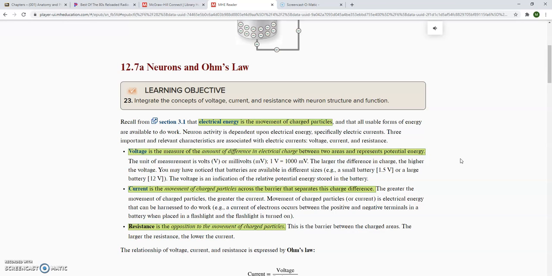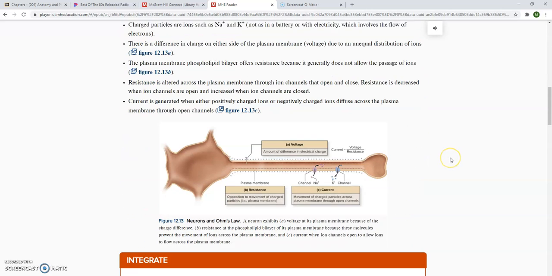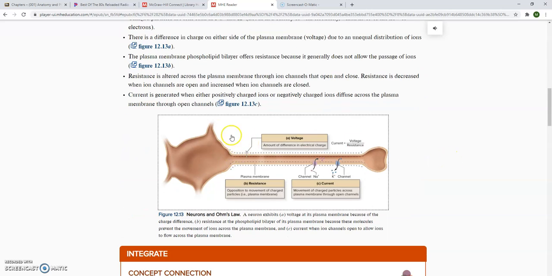So what that means is, if we're talking about our neuron here, the two areas are outside the neuron, on the outside of the plasma membrane, and the other area is on the inside of the plasma membrane, or inside the cell. When there is a difference in that, there's typically a difference in the charges.